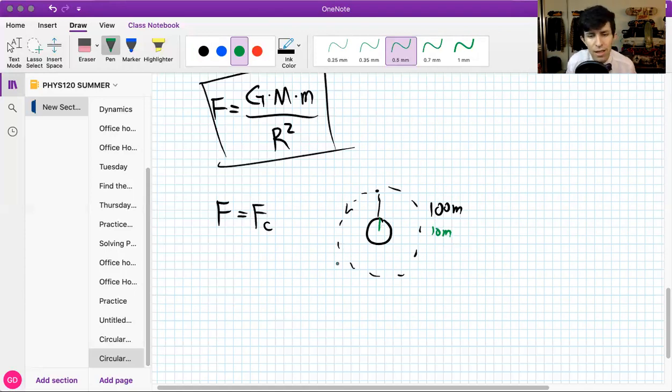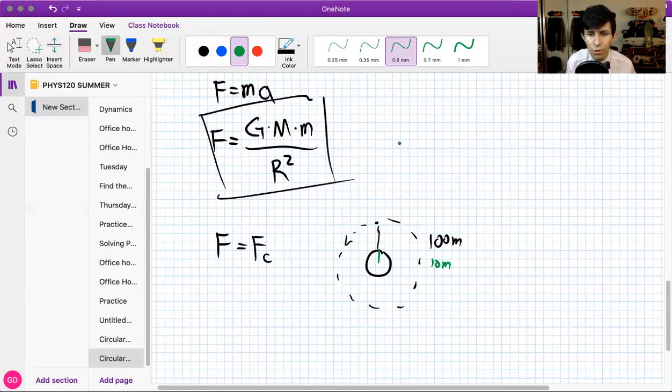Actually, that's not what I wanted to do. Okay, no, that works. We're going to do it this way. So now my question is, okay, here's another piece of information we need. My mass is 50 kilograms.